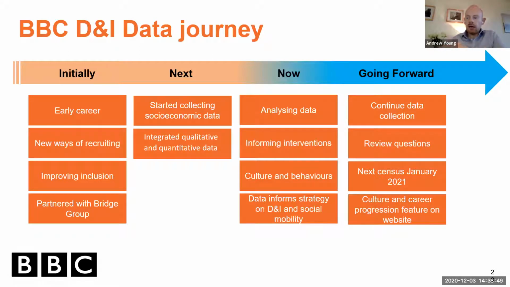And in the new year, we will be running the diversity and inclusion census again. That will build on the data that we've already got, hopefully going above that 60%. It was interesting to hear earlier that the target for organisations that are a little bit along the journey like we are should be around 70%. So we'll certainly be aiming to achieve that. And I think at that point, we may look to set a target. The BBC has lots of diversity targets around the protected characteristics.